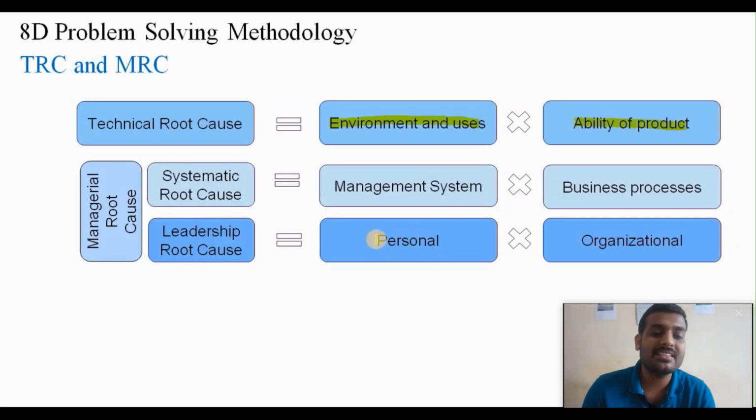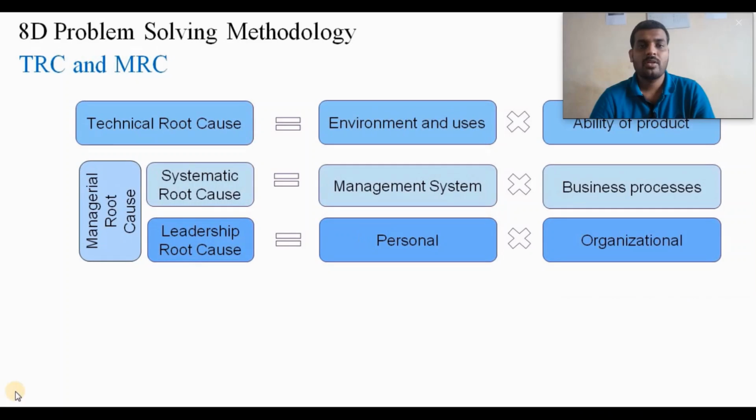Then organizational causes relate to how parts of the organization work together and how responsibilities are defined. For example, are they regularly conducting meetings between two functions? Like this. So this is about the managerial root cause.